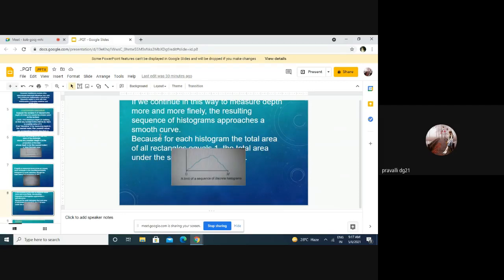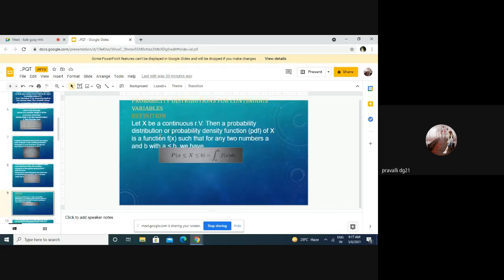If we continue in this way to measure depth more and more finely, the resulting sequence of histograms approaches a smooth curve. For each histogram, the total area of all rectangles is 1, so the total area under the curve is 1. Let X be a continuous random variable.